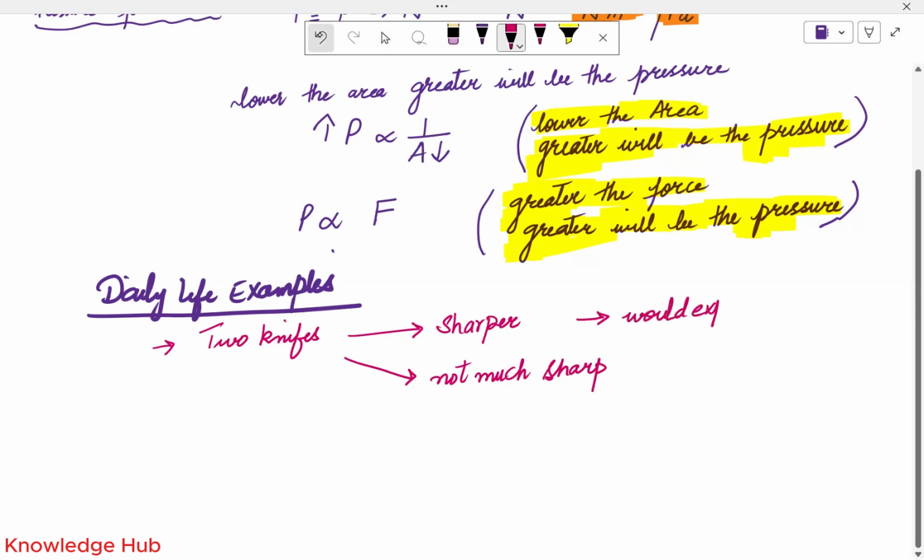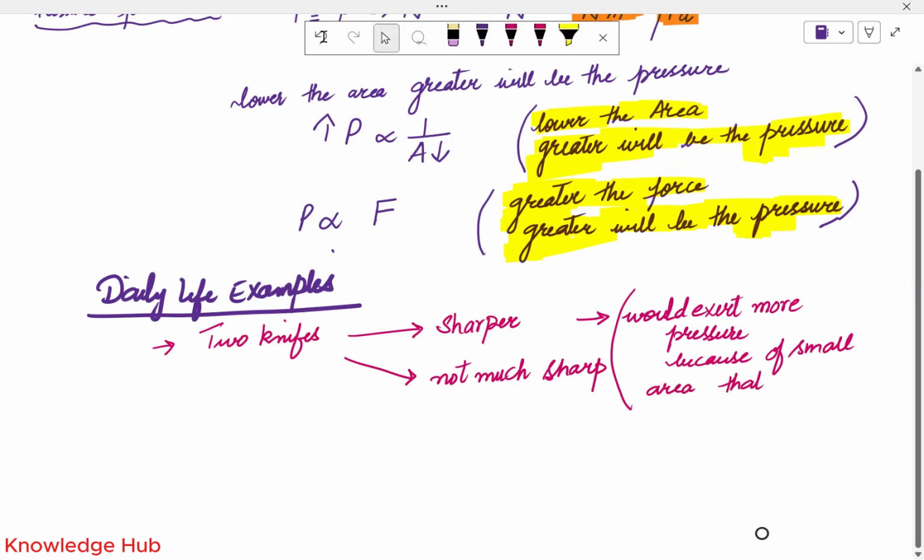Why? The reason behind this is the small area that is in contact with the thing that needs to be cut.